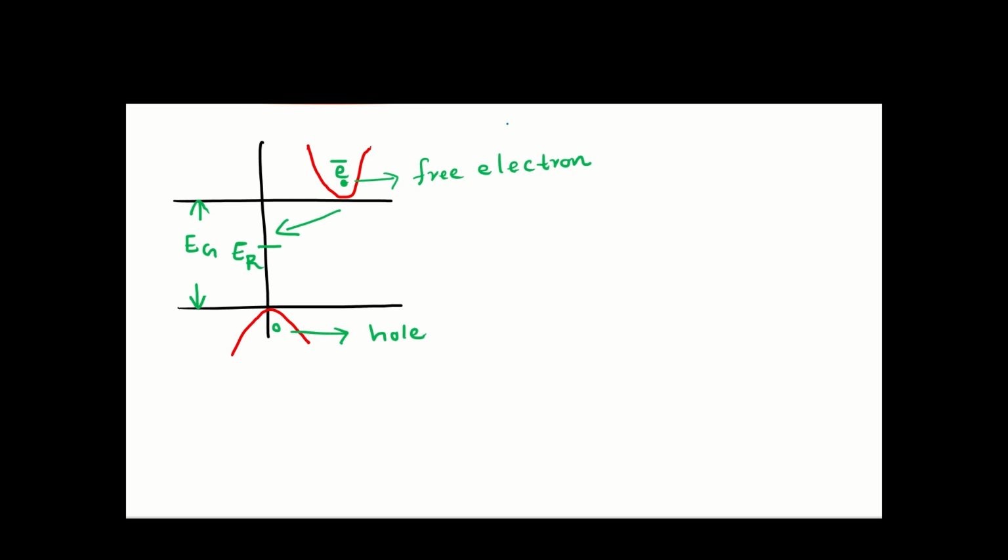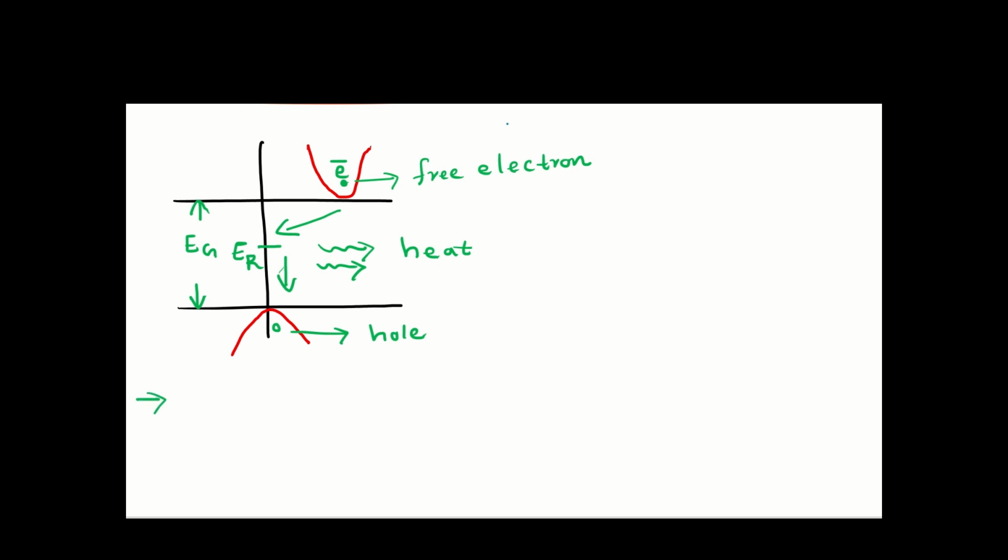Then when they are coming to the hole present in the valence band, they are releasing energy. But this energy is not in the form of light. This energy is in the form of heat. During the indirect recombination, energy is released in the form of heat or phonons.